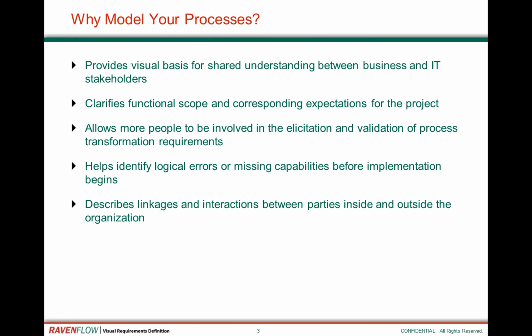It also allows more people to be involved in the upfront elicitation of requirements, as well as validating the way the process is now, the so-called as-is process, as well as the proposed to-be process once the application project has been completed. Business process models also help you identify logical errors or missing steps in a flow so that you can catch those things before implementation begins.